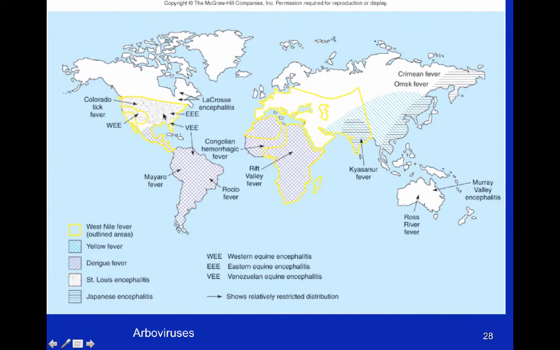But generally, we see Colorado tick fever and Western equine encephalitis and West Nile virus as well. Also, Eastern equine encephalitis around this area.